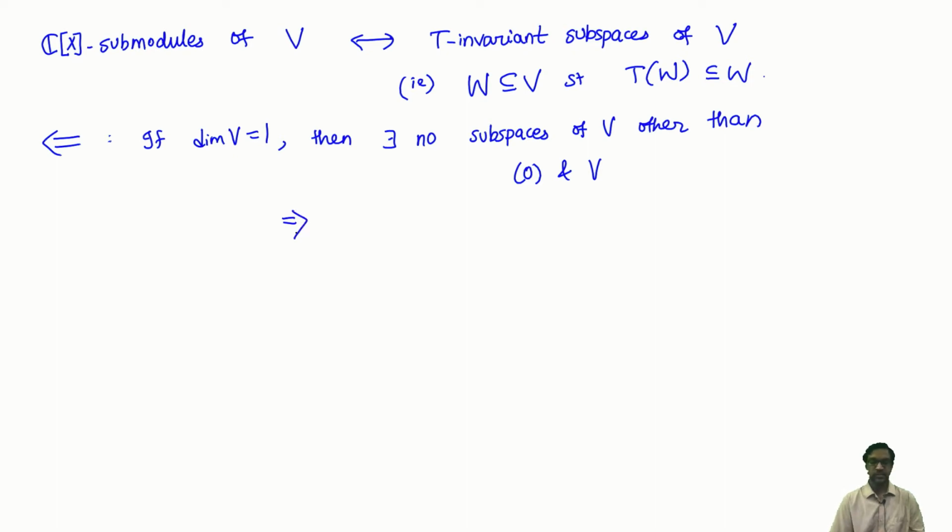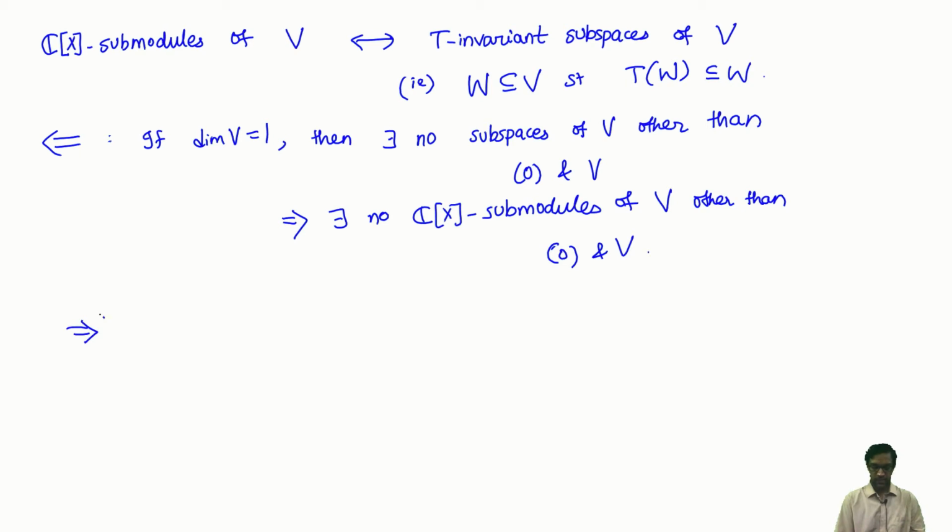Submodules are subspaces with an additional property, but there are no subspaces even, just 0 and the whole. So there exist no C[x] submodules of V other than 0 and V. So this is trivial.